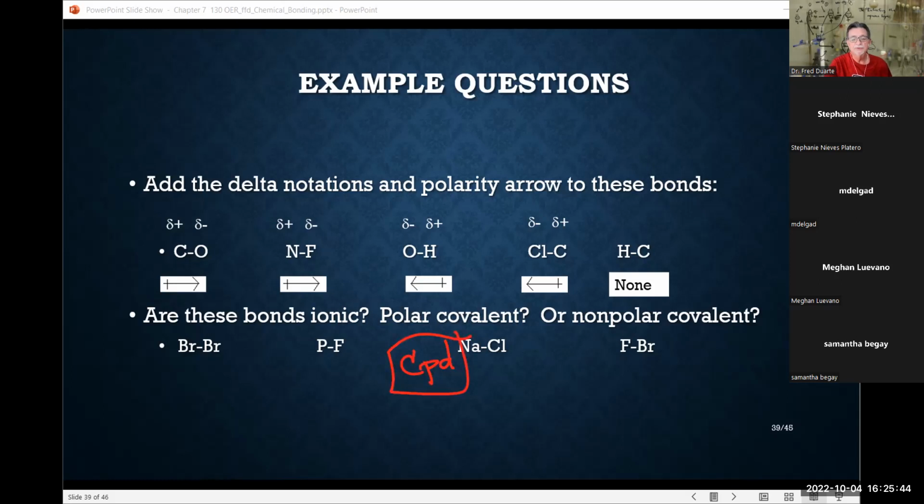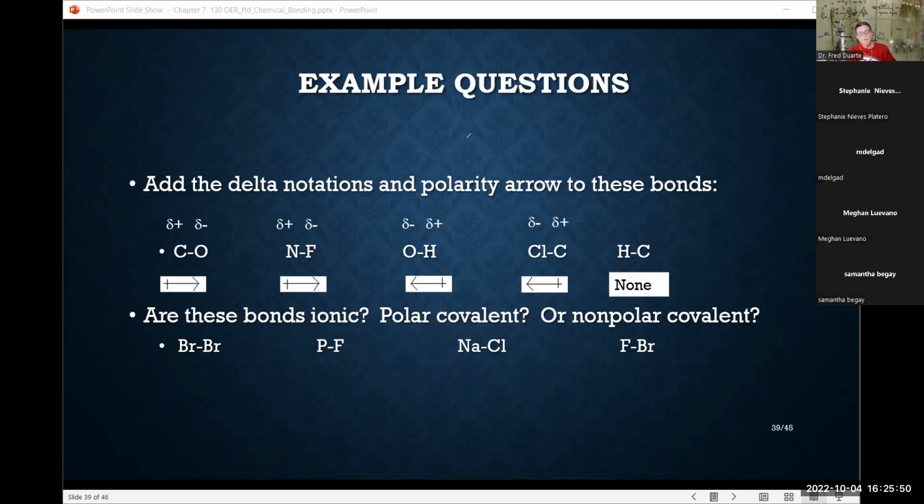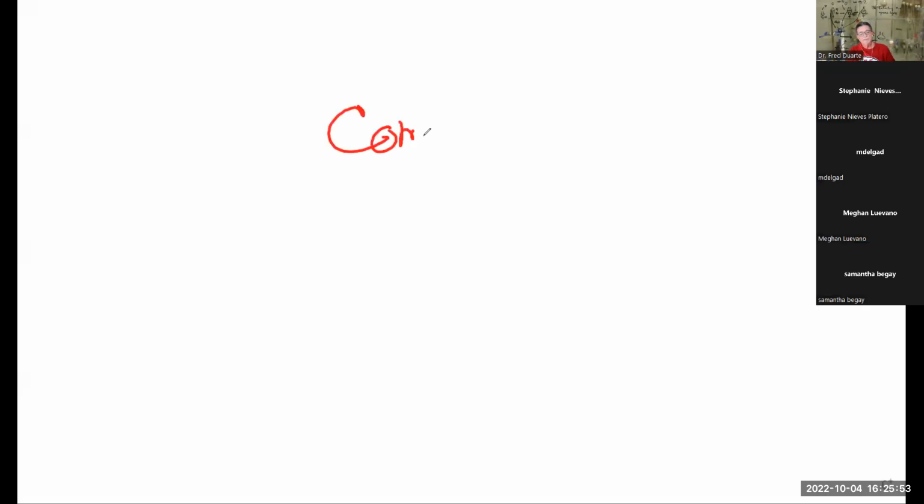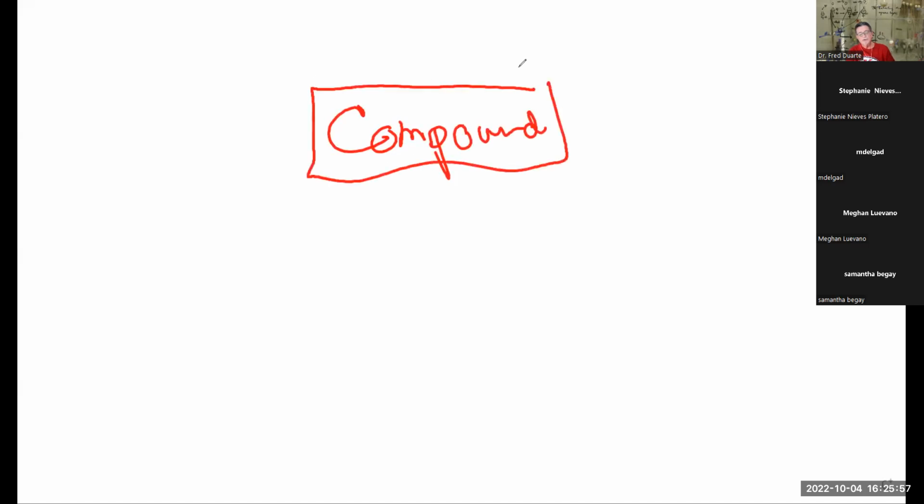And so I have here a compound of some sort. I'll give it to you in generic words.